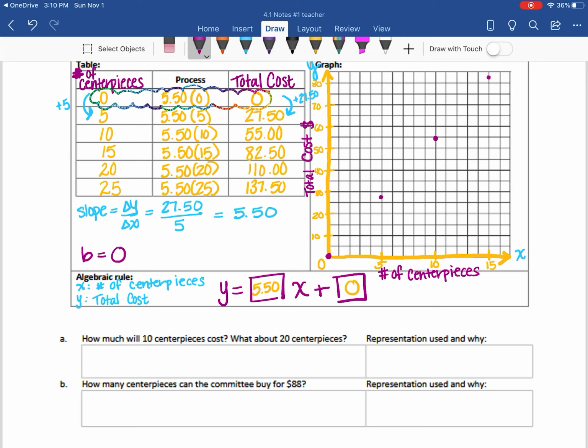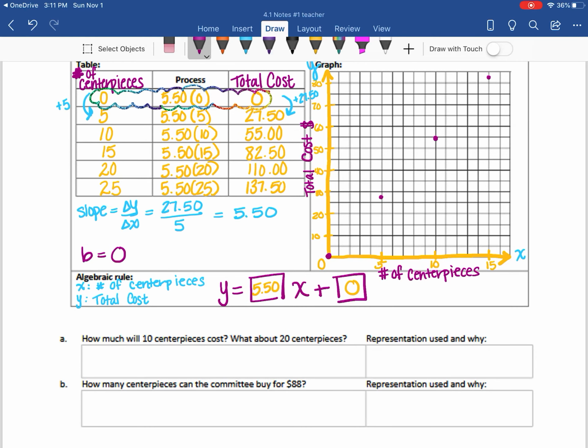What about 20? And which representation did you use and why? Okay, so I mean, we could use any of the representations, honestly, if we wanted to. But for me, I think I would use the table because both of those values are in the table.